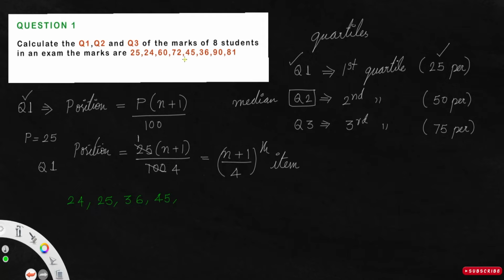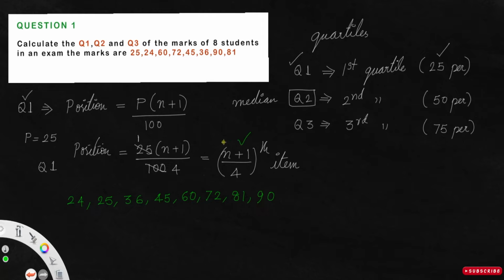Then we have 60. Then we have 81. Then 90. So am I missing something? We have a 72 missing. After 60 we have 72, then 81, then 90. So we have 8 data points.